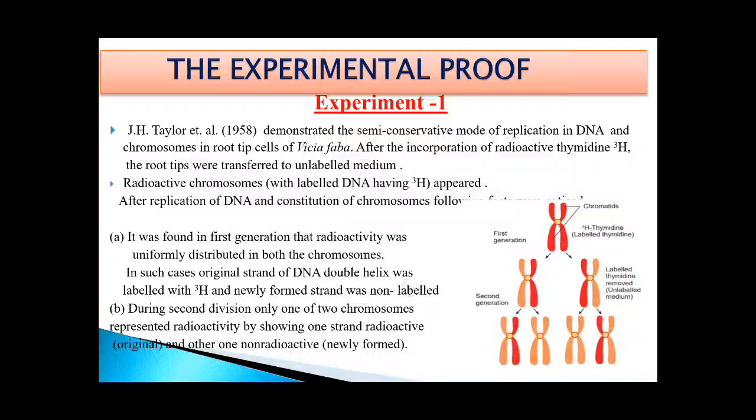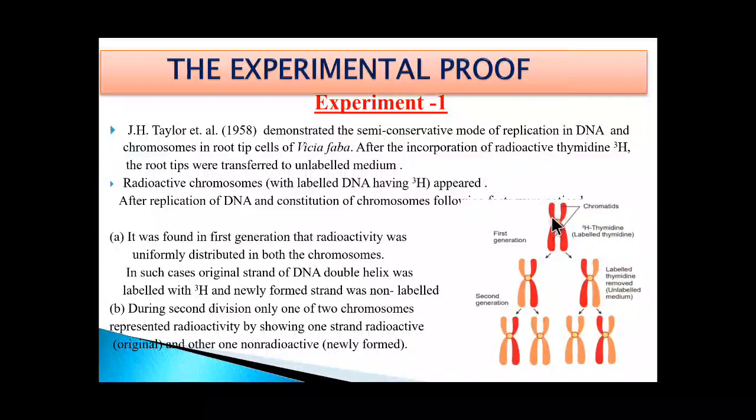The radioactive chromosome with labeled medium having this radioactive thymidine appeared. Now after the replication of DNA and constitution of chromosome, the following results were obtained. Here, please make a correction: here it is written, the following results were obtained.